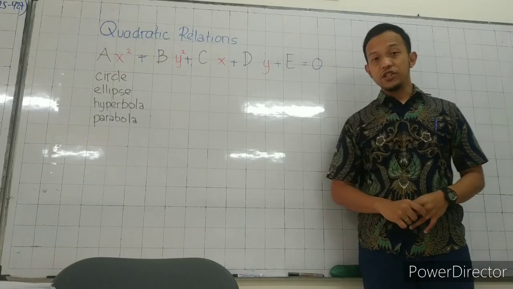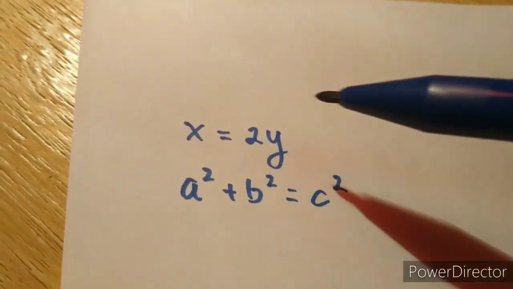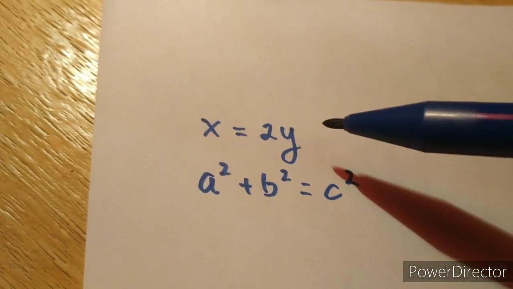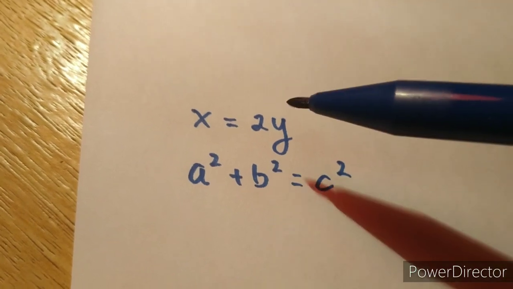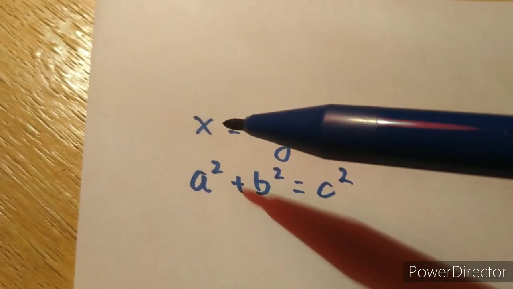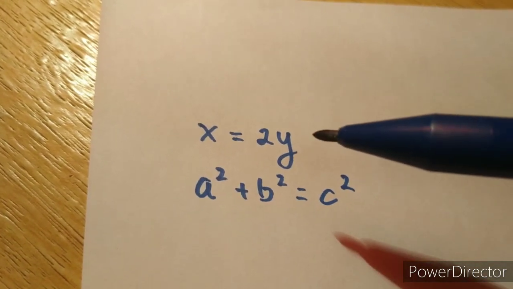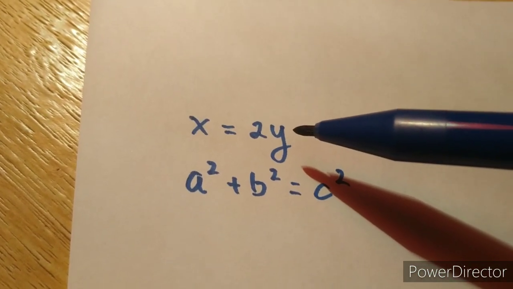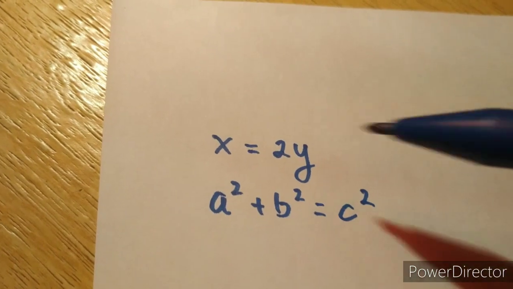And how about relations? For relations, let's see these 2 examples. The first one is a simple equation, x equals 2y. It reflects the relation between x and y. The value of x will be equal to 2 times the value of y, or the opposite, y will be equal to half the value of x.